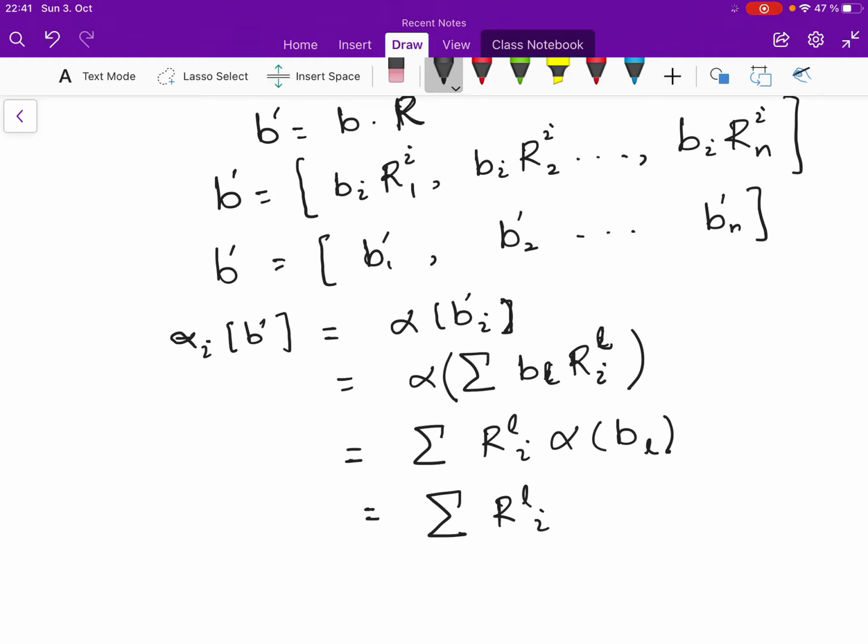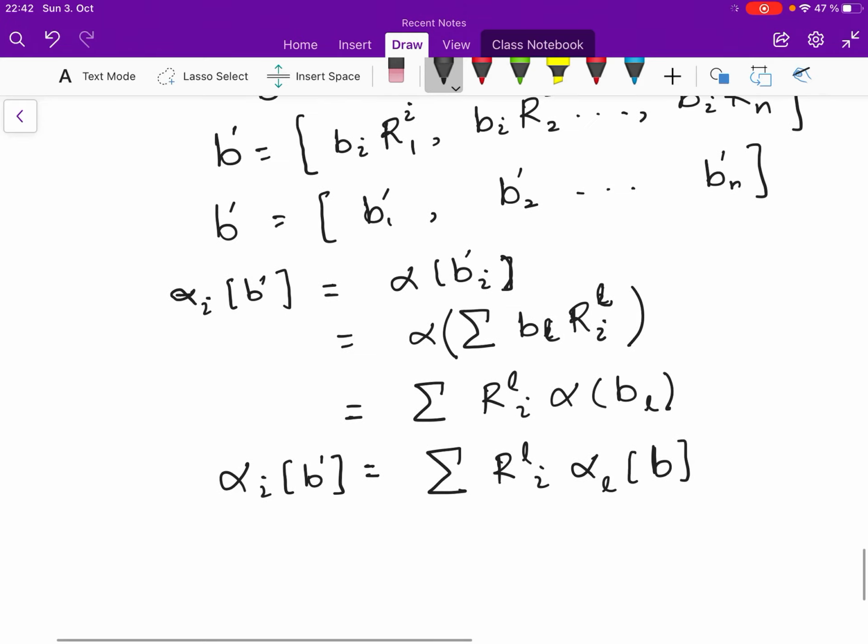Now alpha BL is actually alpha L in the B coordinate system. So alpha I, this is on the left hand side.